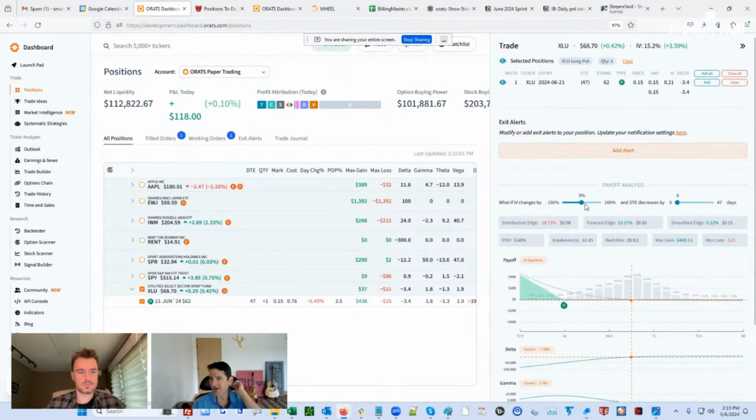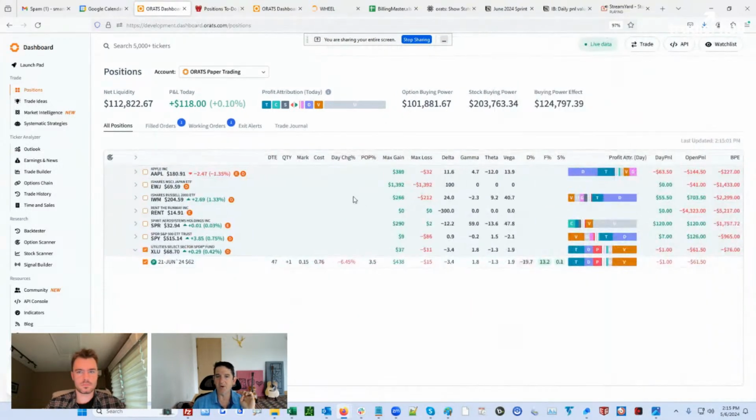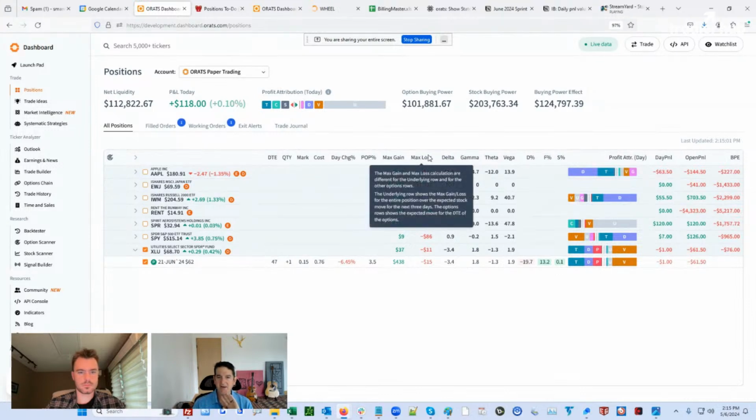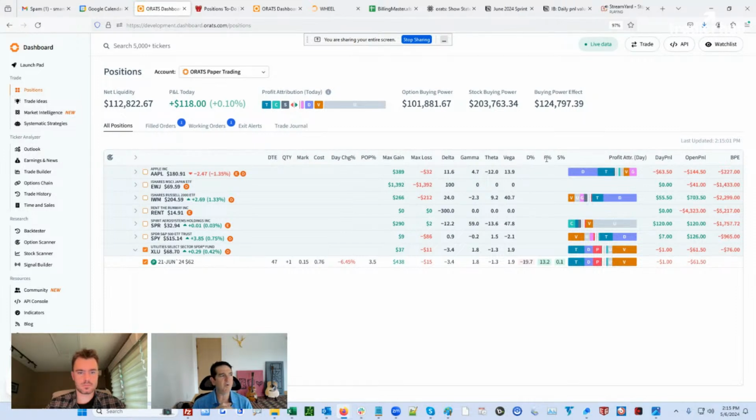So now, again, going through what all these mean: DTE, quantity, mark, day change. So how's it done today? What's the probability of profit? What's the max gain and max loss? And we have some mouse overs there. And the Greeks. And now the D percentages, that distribution that we talked about. F is where we do a forecast of volatility of the implied volatility surface.